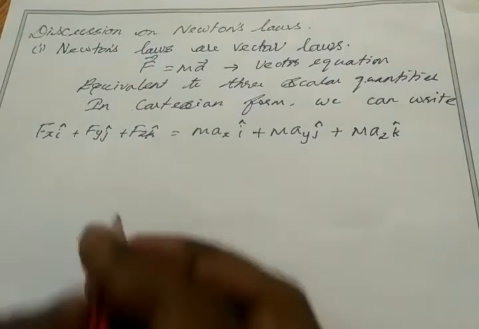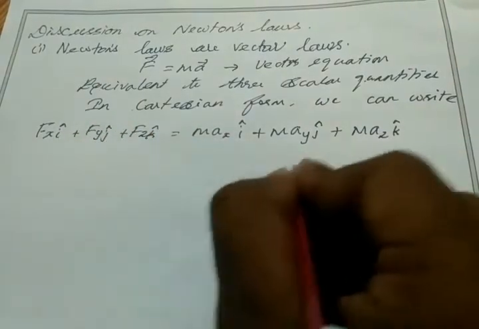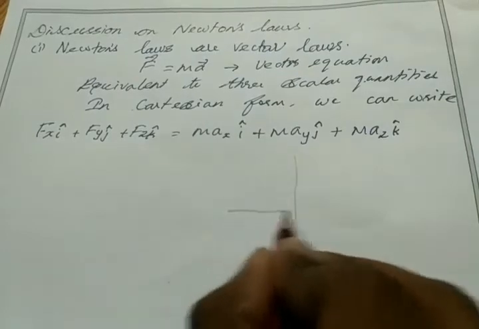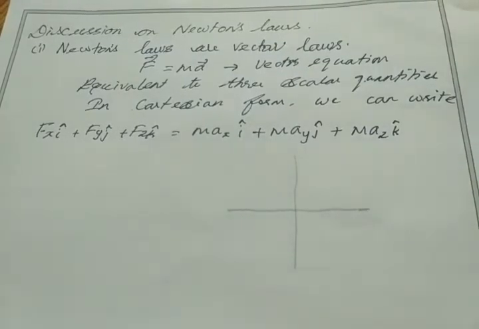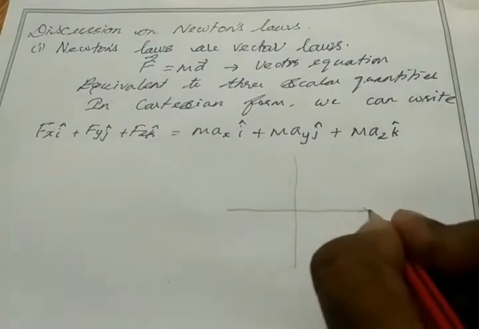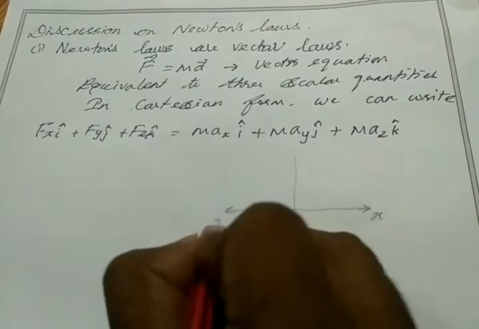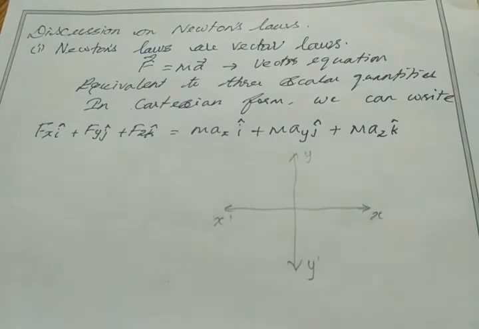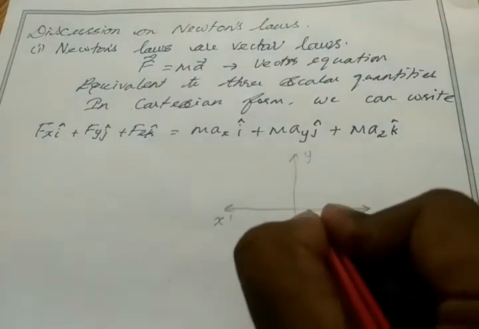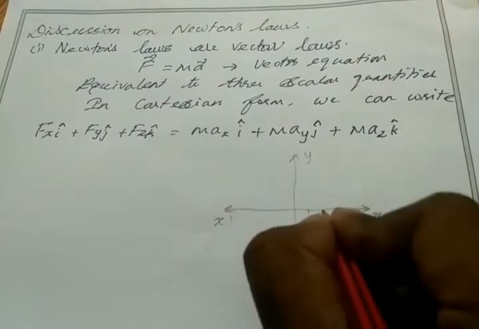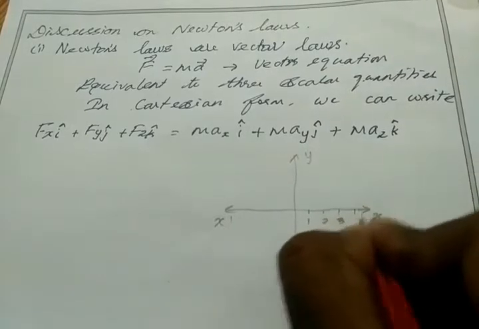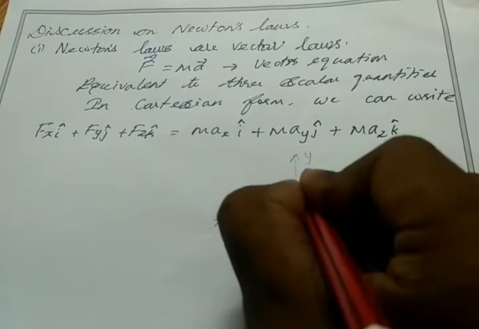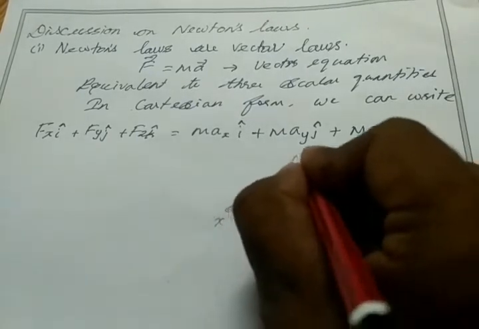Consider we draw a graph like this. Here we have x dash, y dash. Then we mark 1 2 3 4, and in the opposite direction -1 -2 -3 -4.